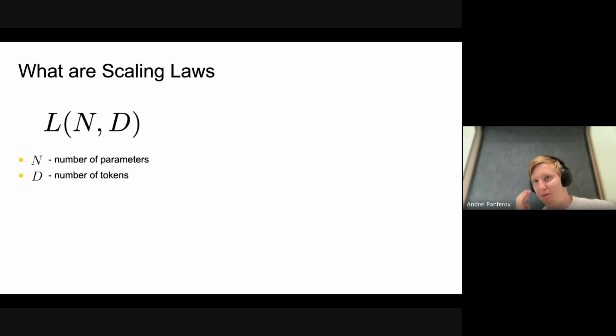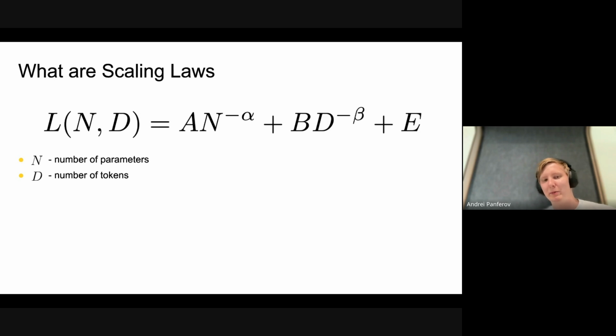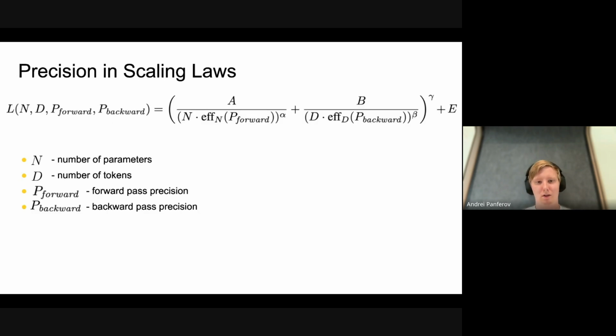And to build this predictive model of model's quality, we use scaling laws. Scaling laws are parametric functions of model training hyperparameters that are fitted on the actual training runs results to be able to extrapolate the loss function predictions and predict the performance of our models even before we actually train them.